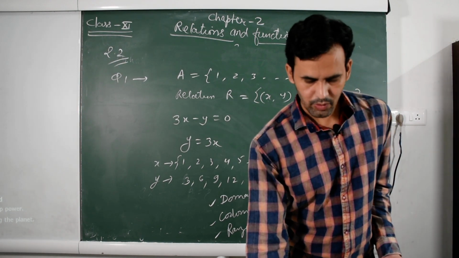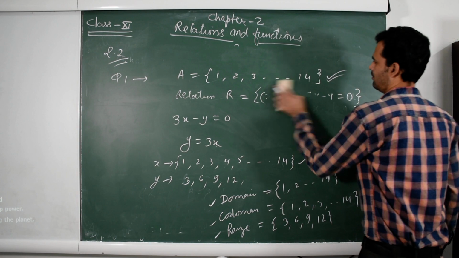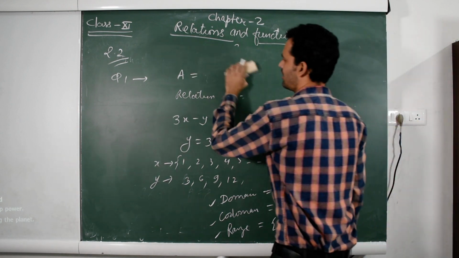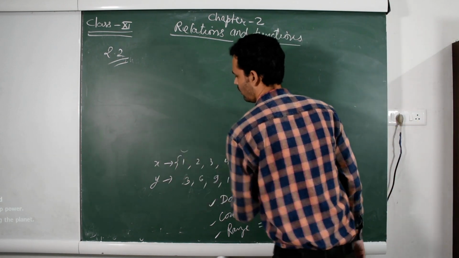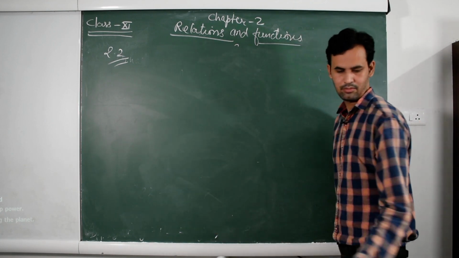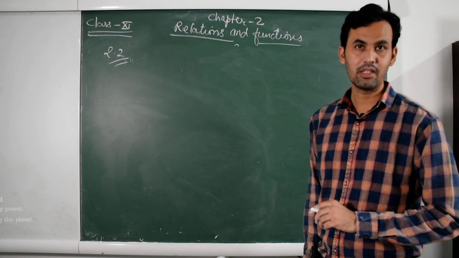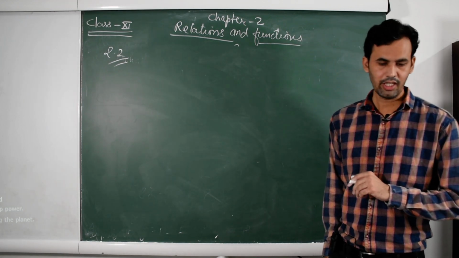Now the next question. Again a relation is given in question number 2. Define a relation R on the set N of natural numbers.